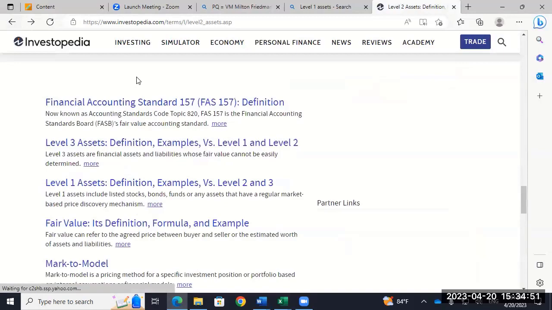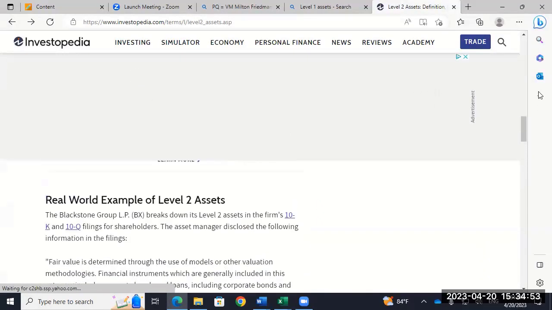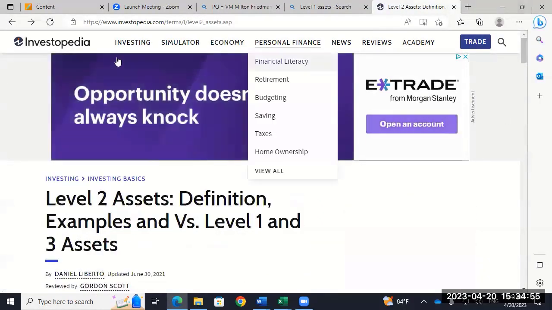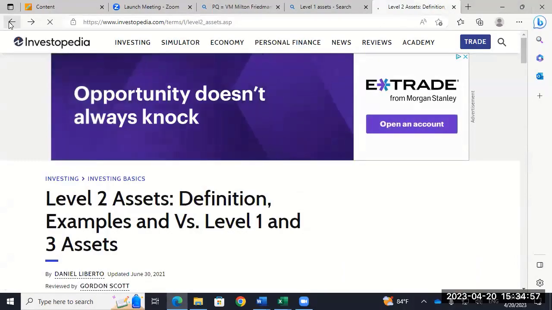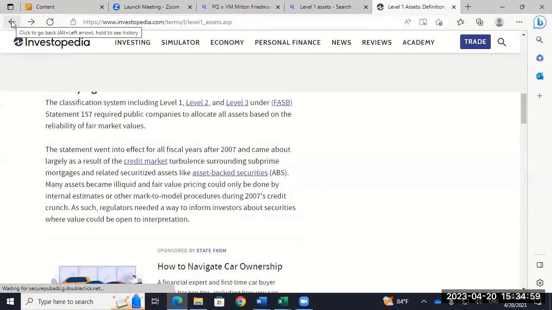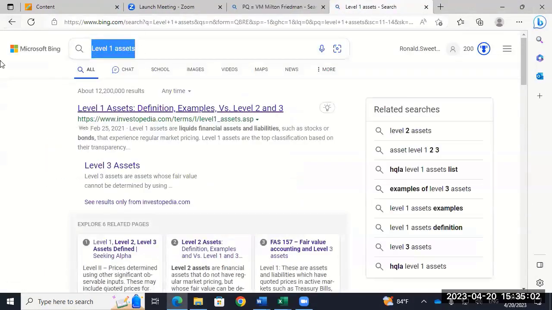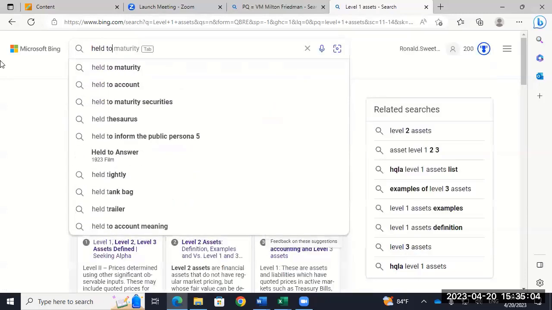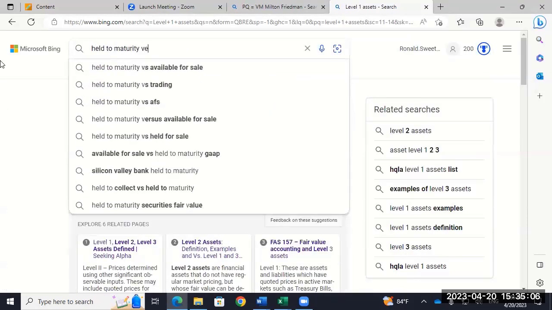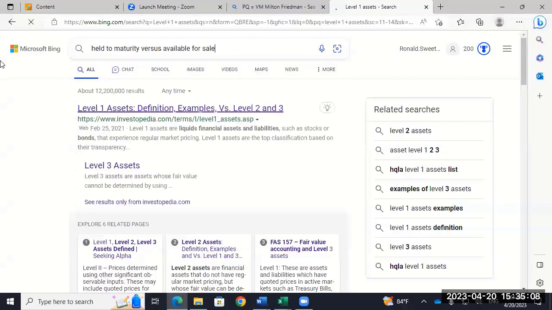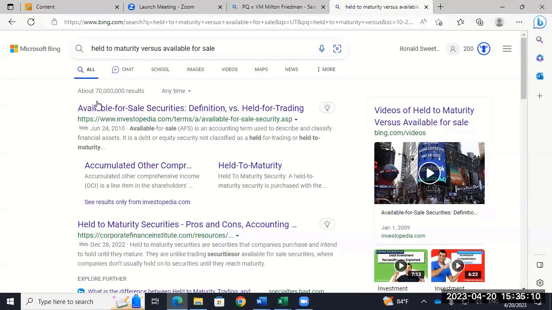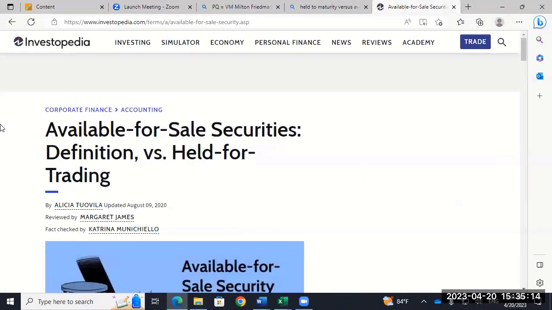Another part, I think this is the real part of FAS 115, which you really saw with Silicon Valley Bank, is held to maturity versus available for sale. Y'all should be studying this stuff as undergraduates.